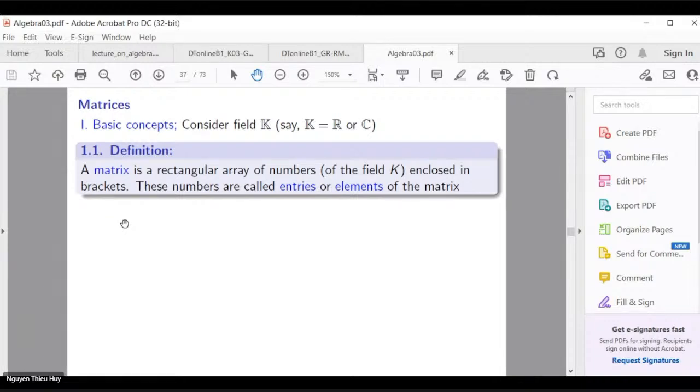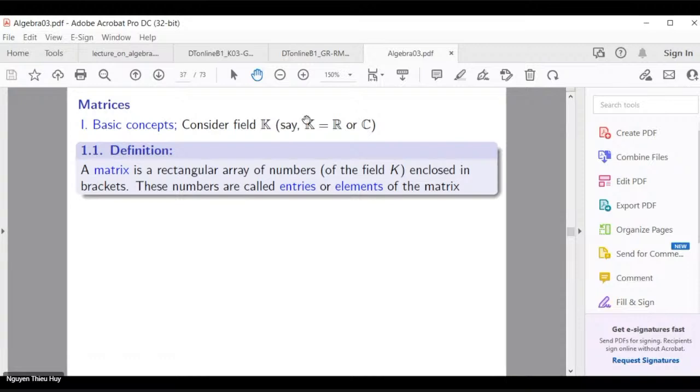Good. So let's start with a basic concept. Again, we consider a field K, which is R, the set of real numbers, or the set of complex numbers. But most of the time we are working with real numbers. So let's think of K as the set of real numbers, so that the problem is easier for you.